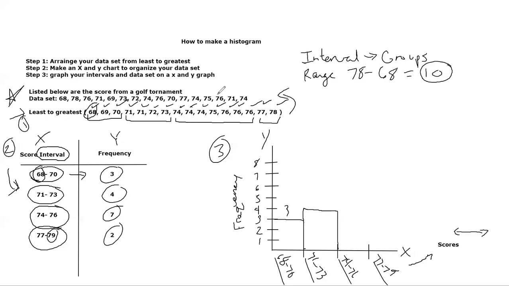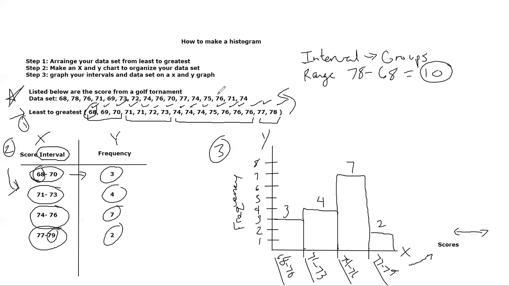Okay, this one's 3, and this one's 4. Not bad so far. What about 74 to 76? That's 7, so that's going to go higher. There you go, 7. And the last one is 2, so that one's going to be pretty small.